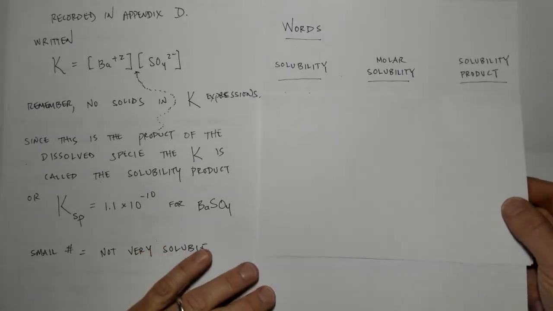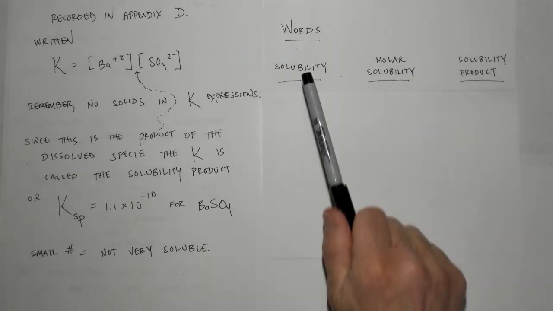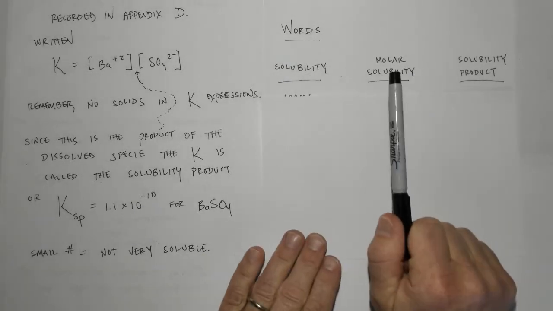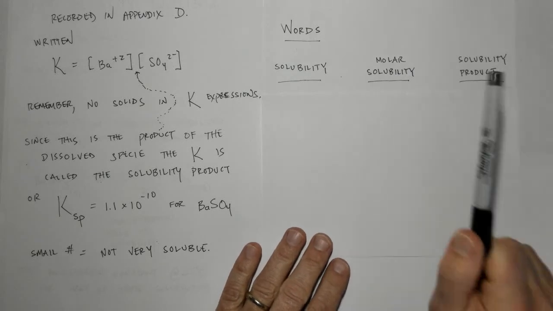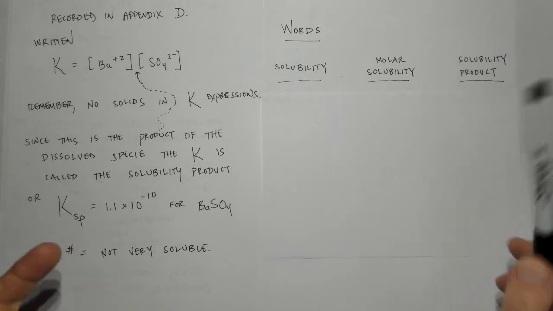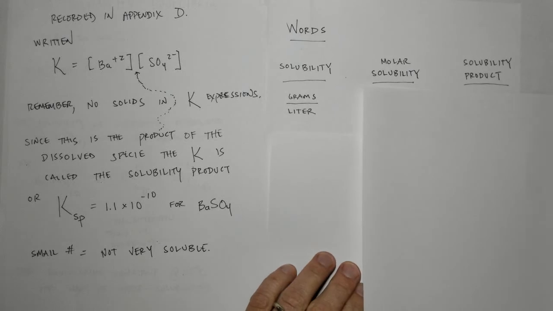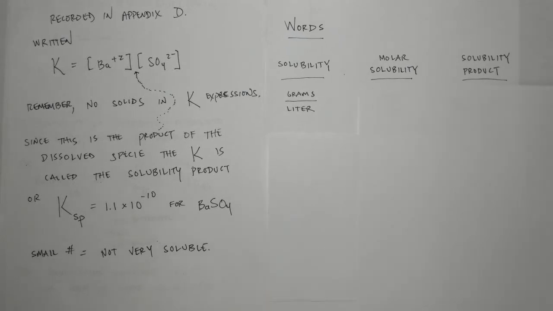Here are some words in this portion of the chapter that become really confusing: solubility versus molar solubility versus solubility product, or KSP. What's the difference? Solubility is usually measured in grams per liter: how many grams dissolve per liter of solution. Molar solubility, on the other hand, is molarity, or the moles that dissolve per liter.